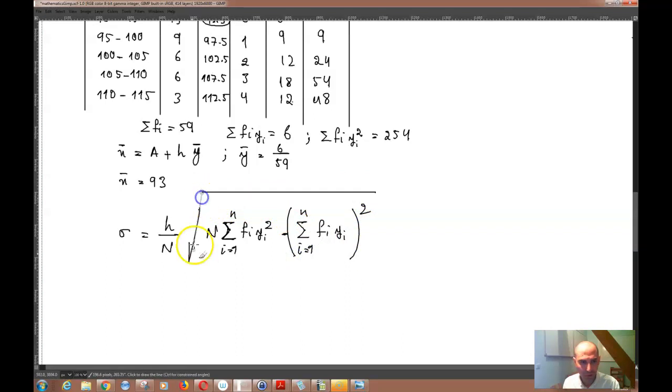Take the square root of this. This is the standard deviation.